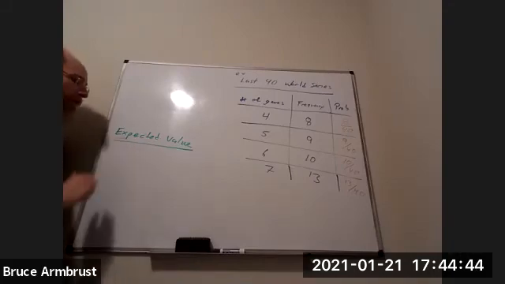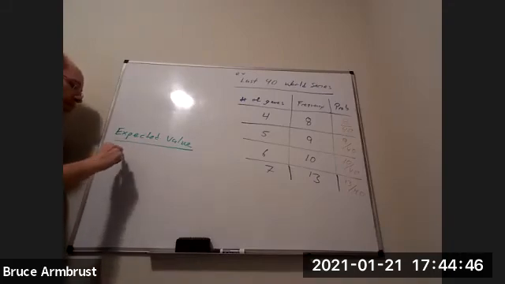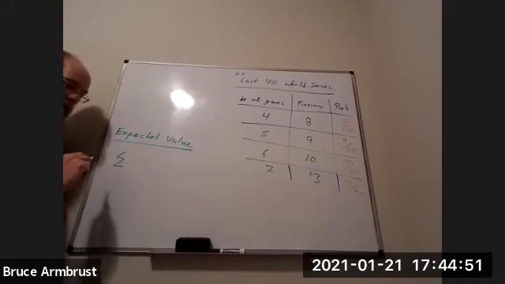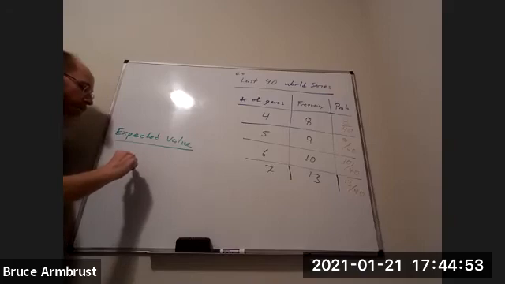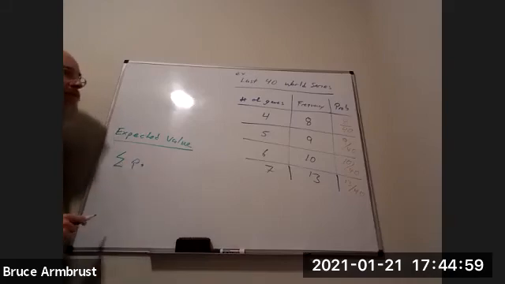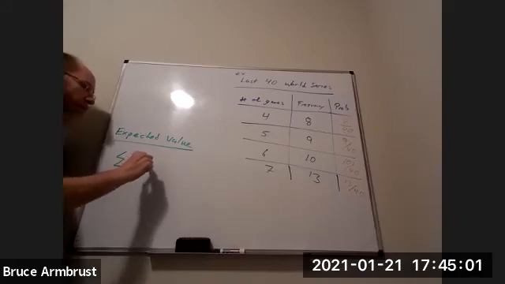The way we calculate expected value is that it's a sum of the probability times the value of our variable.